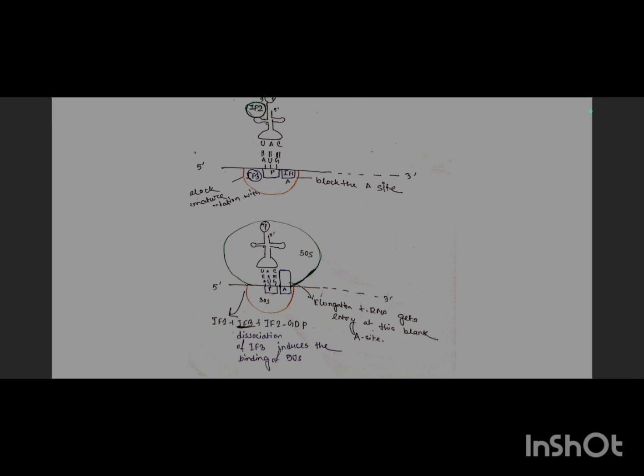Then IF2 brings the charged initiator tRNA to the P site, and after that every initiation factor gets discharged from the complex, and the ribosome becomes the whole 50S-30S complex. This is how initiation in prokaryotes finishes, and then elongation will start. Elongation we will learn in our next video. Now we will discuss the eukaryotic initiation process.